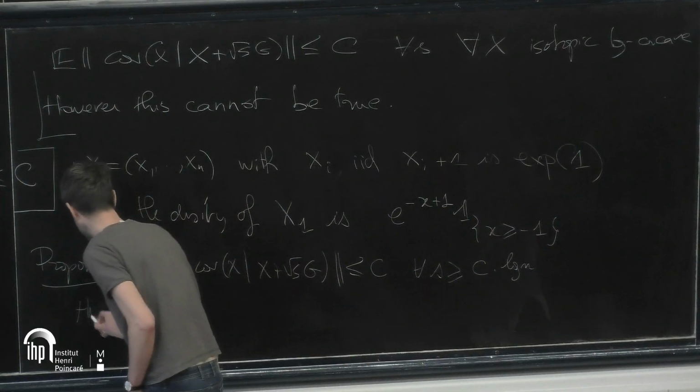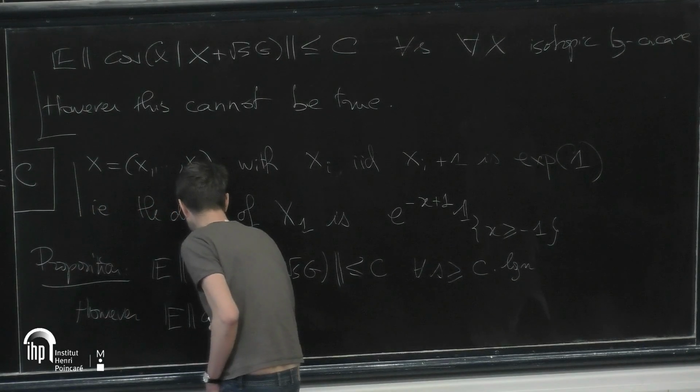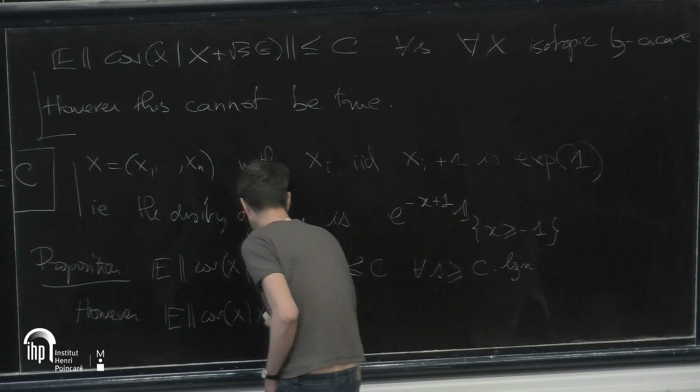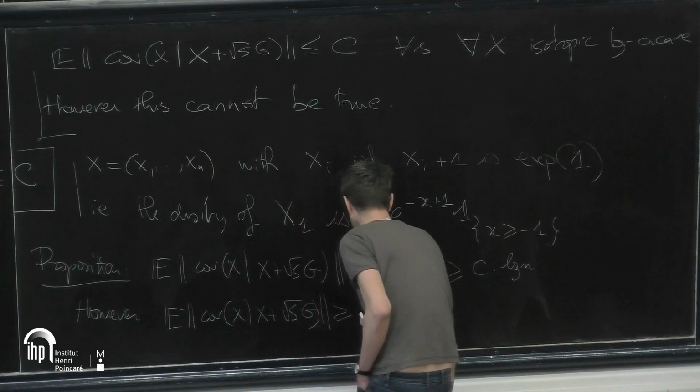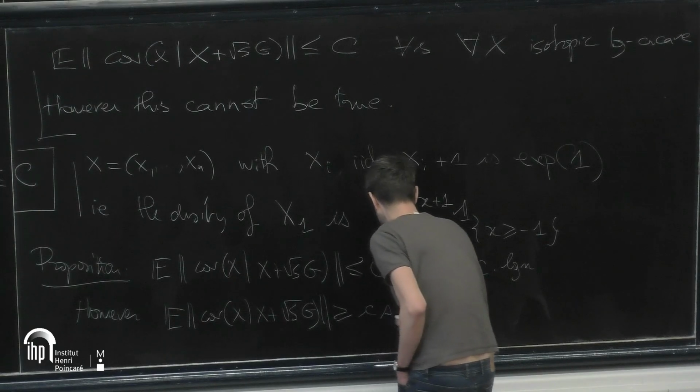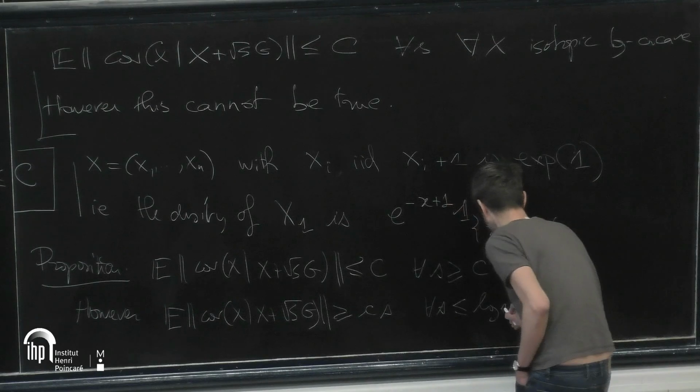However, I also know that the expected covariance of x conditioned on x plus square root s g is at least some small constant times s for every s less or equal than log n.